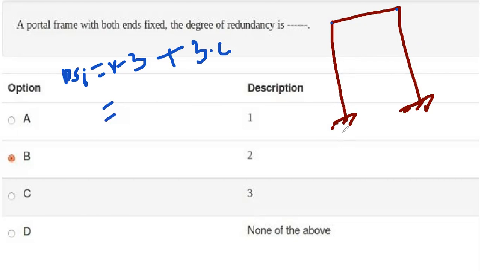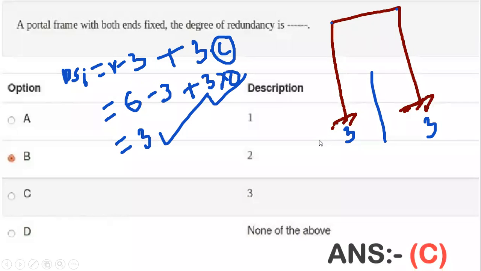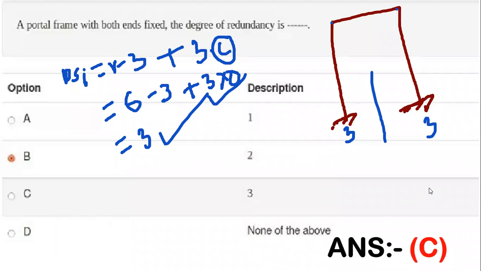Here the number of unknown reactions at the fixed supports is 3 each, so 6 minus 3, plus 3C internal. C represents the number of closed loops. Here it is an open loop, so C is 0. So the answer is 6 minus 3, which is 3. So I think option C is the answer.